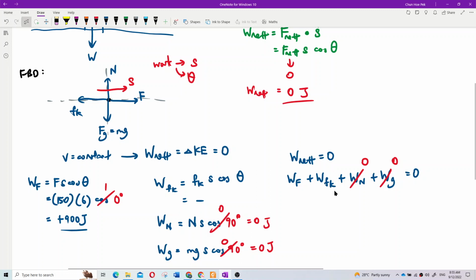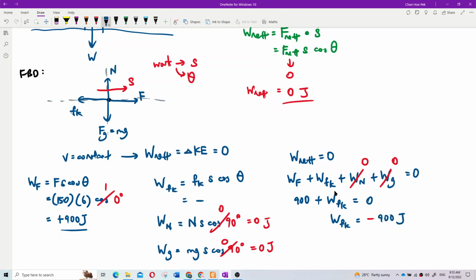Very easy. So this is 900 plus work done by friction equals 0. So work done by friction is negative 900. We got it.